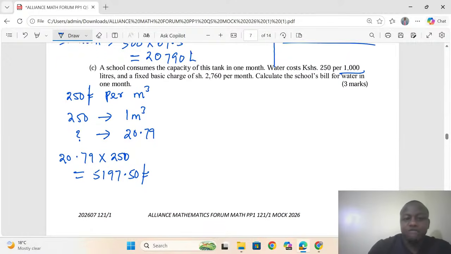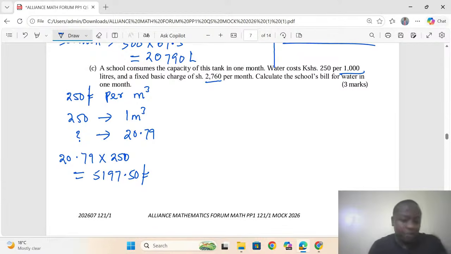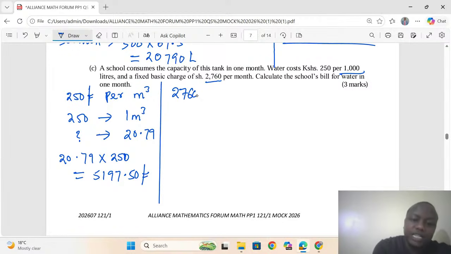Then there's another fixed basic charge. This one maybe is for repair of pipes and all that. 2760 must also be spent. Therefore, the total expenditure on water shall be exactly 2760, the fixed charge, plus the water bill in a particular month, 5197.50.